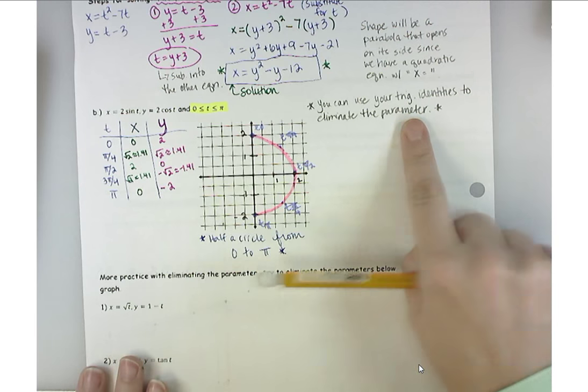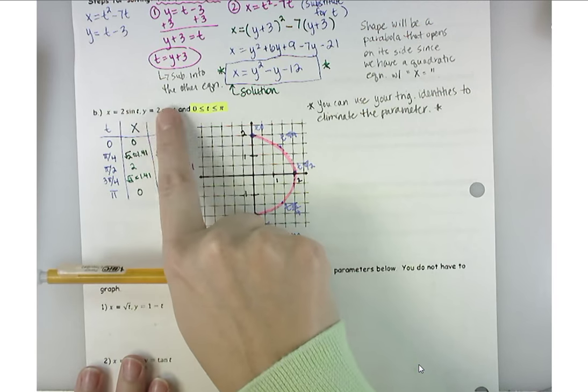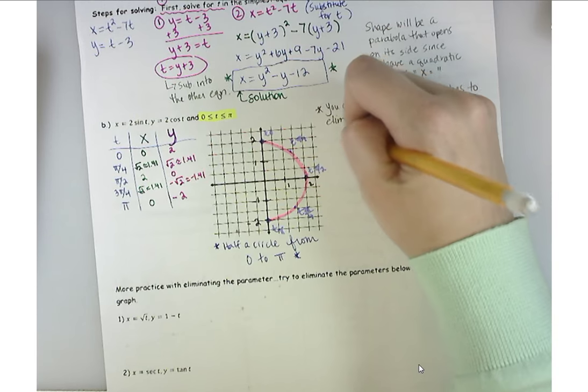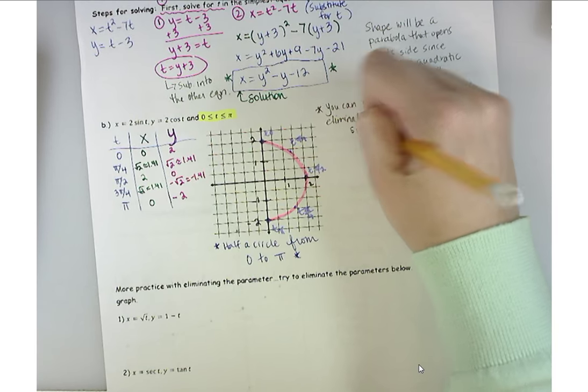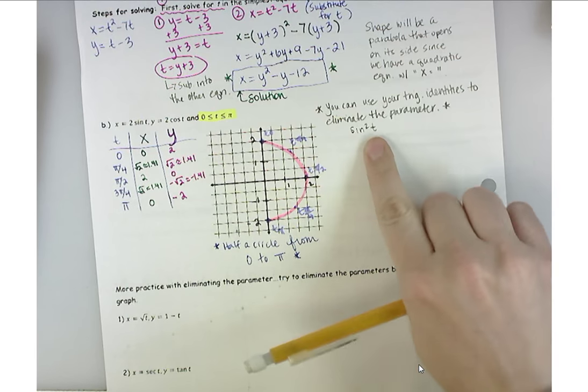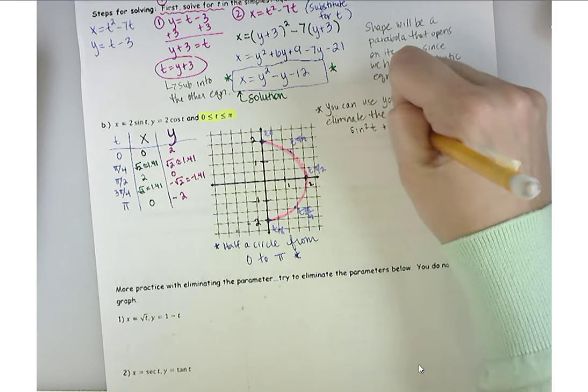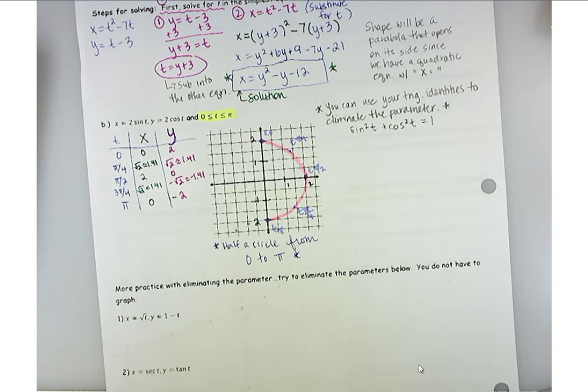So I'm going to go to my equations here. I have sine and cosine. Do I have a trig identity that relates the sine and the cosine together? Yeah, what is it? Good. So we know that sine squared of a variable, which we'll call t to match this, plus cosine squared is going to equal 1.